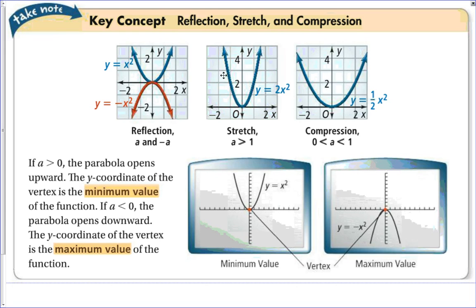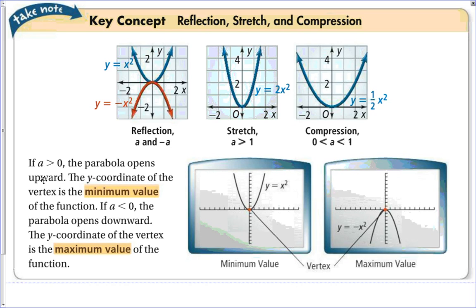If a is greater than 1, it causes your parabola to stretch. And if a is between 0 and 1, it causes a compression, just like with the absolute value that we've learned about. If a is greater than 0, the parabola opens upward.